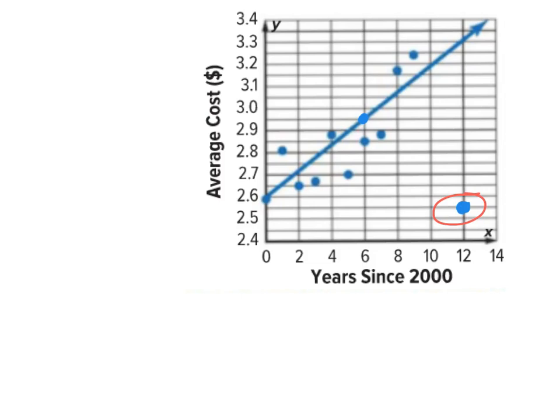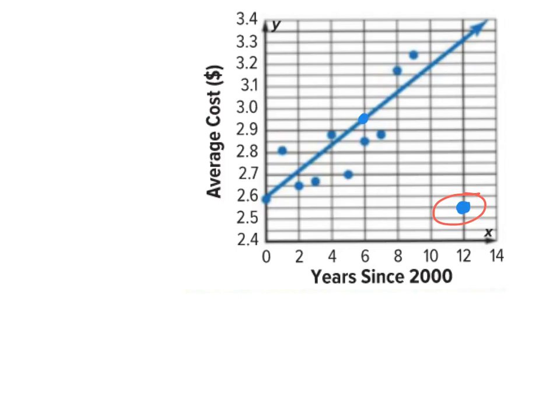The reason it's a strong positive association is because I have a positive slope, and as the years increase, so does the age. So my points are going up. It's strong positive. If my points were going in a direction somewhat like this, that would be a weak positive correlation or association, because this is not a positive slope that is strongly positive.